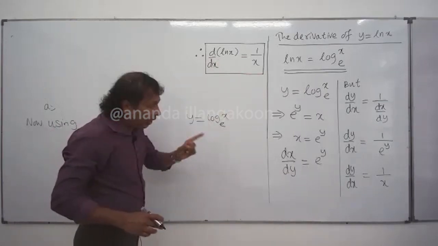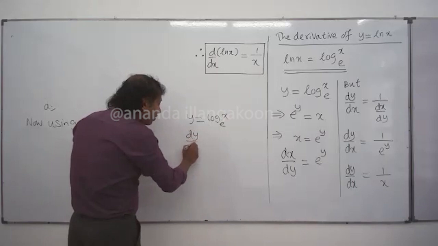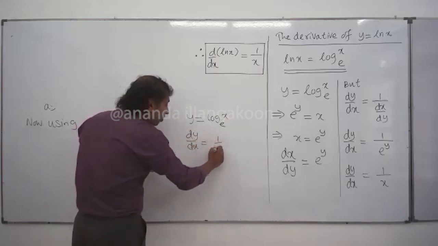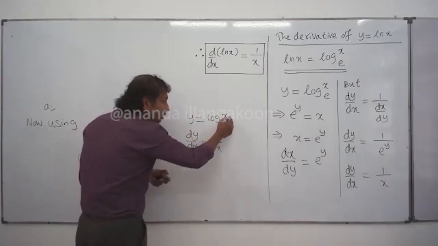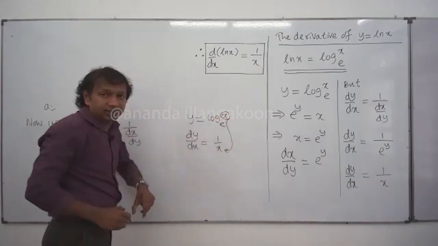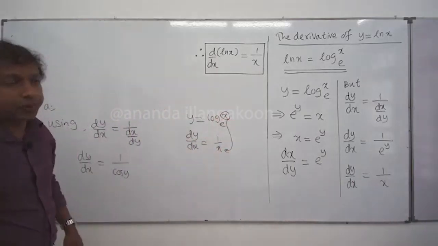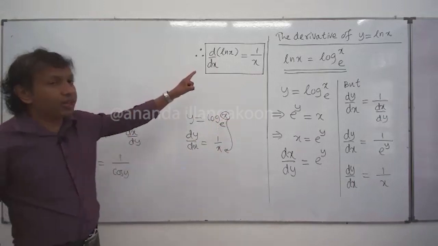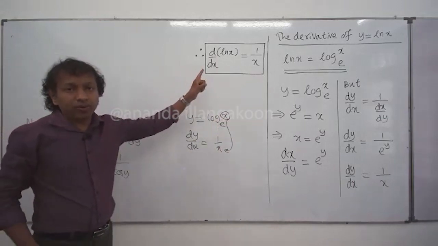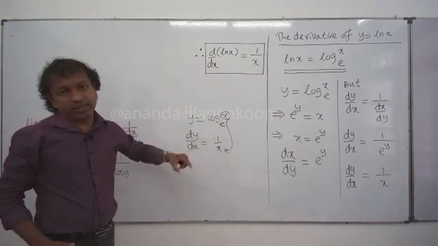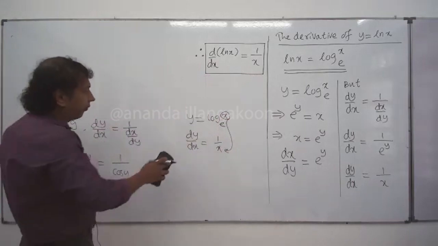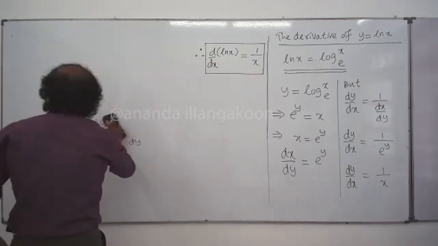Only on that occasion, when we differentiate, dy by dx is 1 upon x, with x at the denominator. Ln x means, remember, people, logarithm of base e. Understood? Right. Okay. Take down that result.